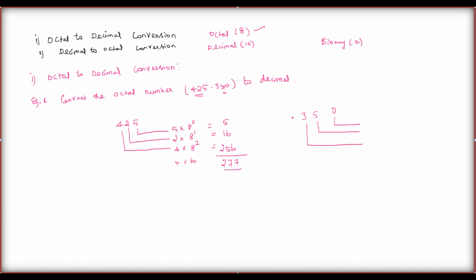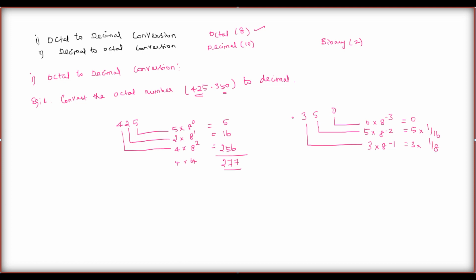Next is 3 into 8 power minus 1, then 5 into 8 power minus 2, then 0 into 8 power minus 3. Multiplying everything with 0 gives 0. Next is 5 into 8 power minus 2, that is 1 by 64, and 3 into 8 power minus 1 is 3 by 8.